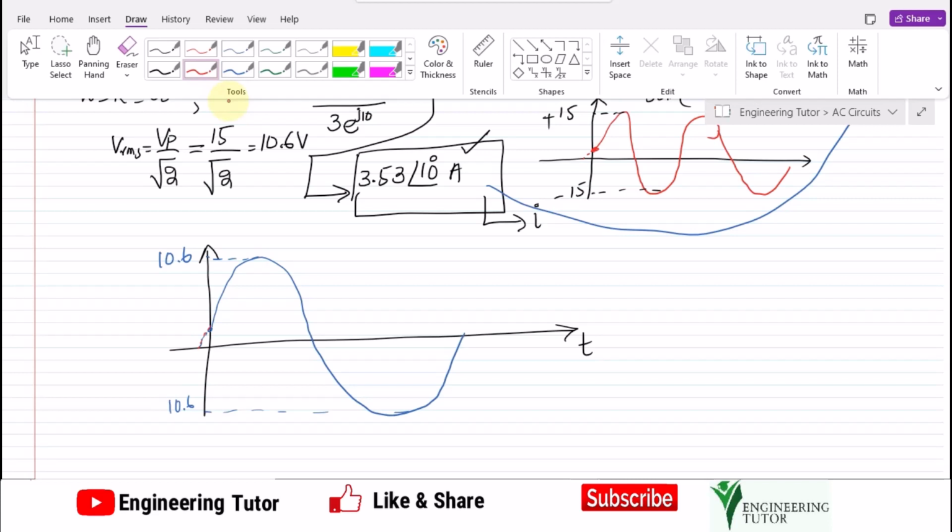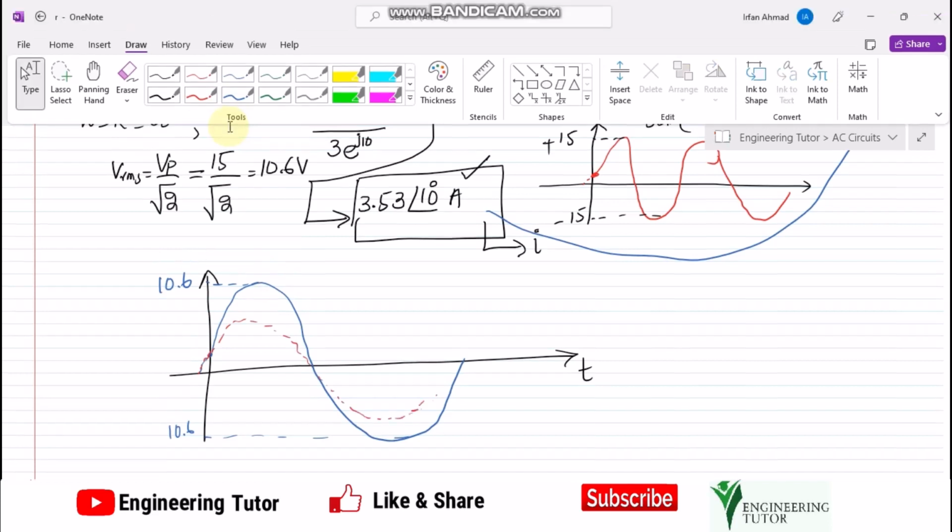So we will see that the phase and everything was the same. So these two are the same, but the values associated with these two differ. So this is the current, and this is the voltage.